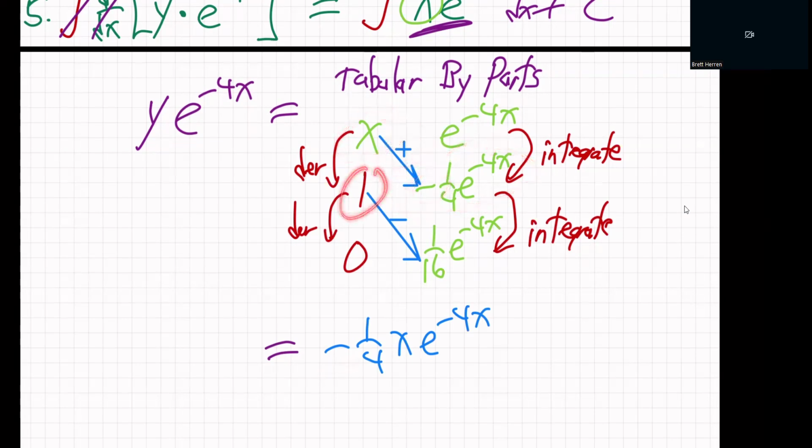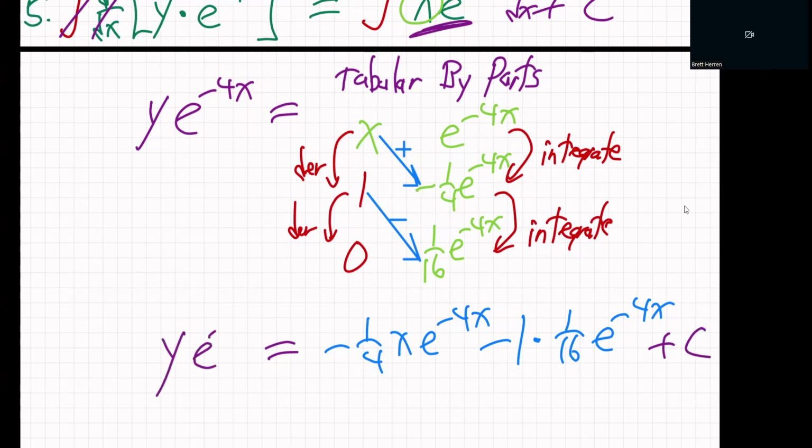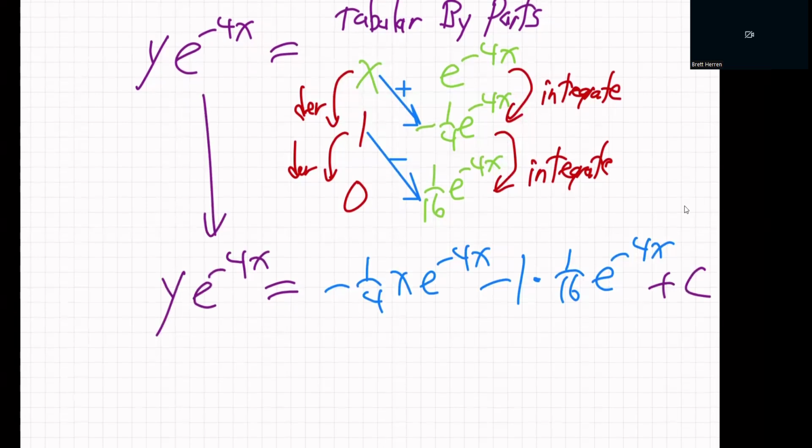Next one, 1 times this, but there's a negative on it. So it's negative 1 times 1/16 e to the minus 4x, plus the constant still. On this other side, let's bring it down like that.